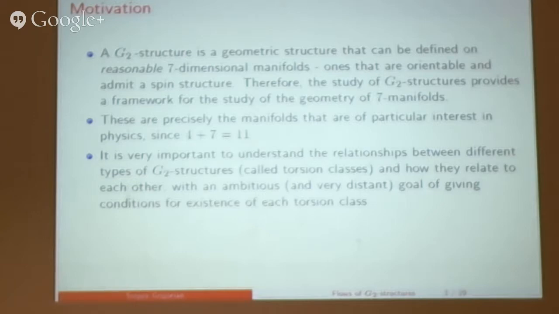An ambitious goal would be to try and classify these G2 structures. If you are given a 7-dimensional manifold, whether you'd be able to say which classes of G2 structures exist. That's a very distant goal, which is probably not attainable in any near future, but we can always try to take some steps.